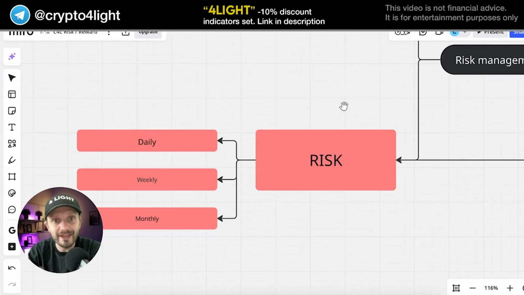For the daily trades, I'll share my rules. I'm trying to follow my rules, not all the time, I'm not that disciplined, to be honest. My daily risk can be 1% or 2%. Let's say 1%, I can divide into 0.5, so I can open two trades with 0.5% risk.